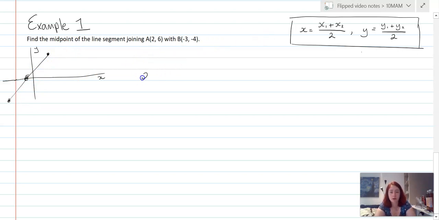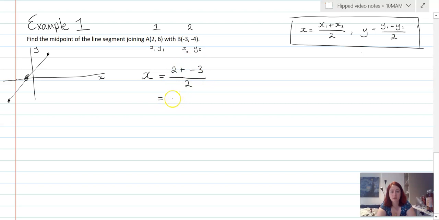So first, let's call A point 1 and B point 2. So A will have x1, y1, B will have x2, y2, just so we can help remember it. So x is going to be x1, which is 2, plus x2, which is -3, divided by 2.